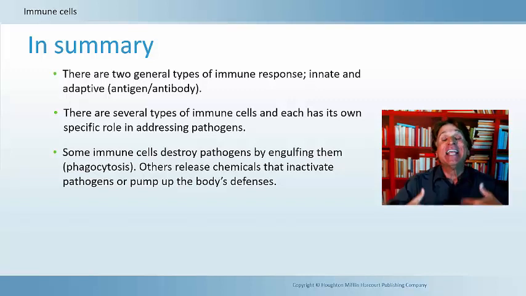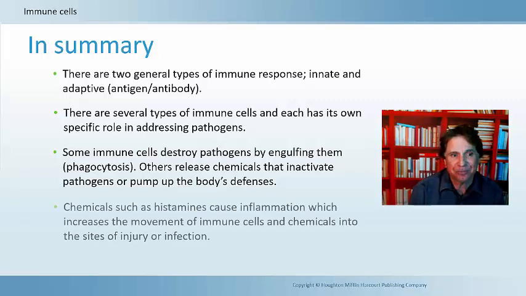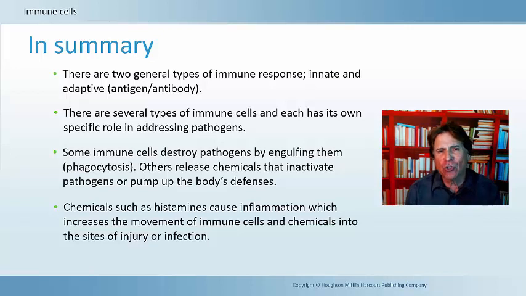They're messages that get the other parts of the immune system revved and ready to go. Chemicals such as histamines cause inflammation, which increases the movement of immune cells and certain chemicals into the sites of injury or infection.